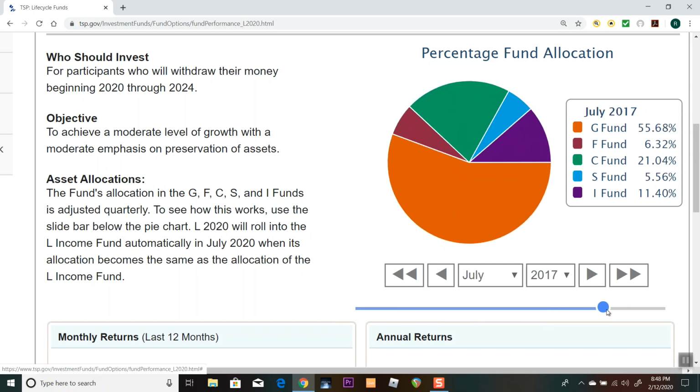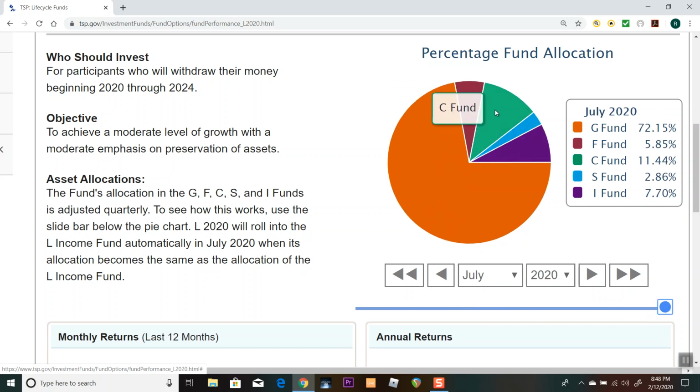More and more of it has gone to the G fund and less to these other funds, especially the C fund. And if you remember the last video, the C fund, the green one, is the fund that tracks the S&P 500. And the S fund, this blue one, is the one that tracks the Dow Jones.